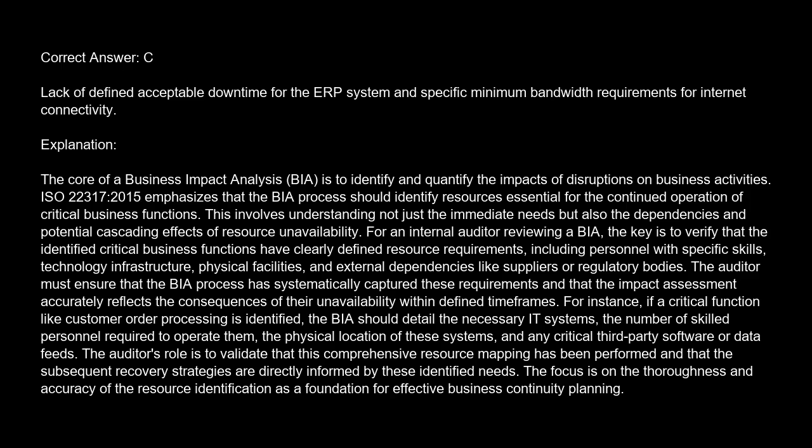This involves understanding not just the immediate needs, but also the dependencies and potential cascading effects of resource unavailability. For an internal auditor reviewing a BIA, the key is to verify that the identified critical business functions have clearly defined resource requirements, including personnel with specific skills, technology infrastructure, physical facilities, and external dependencies like suppliers or regulatory bodies.